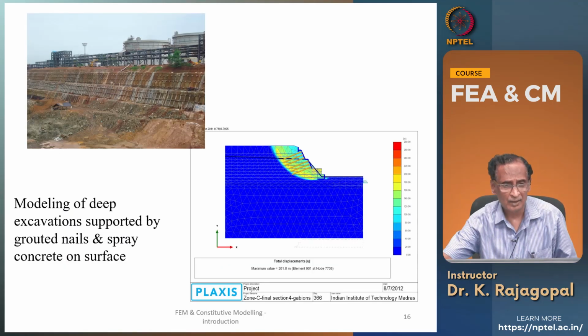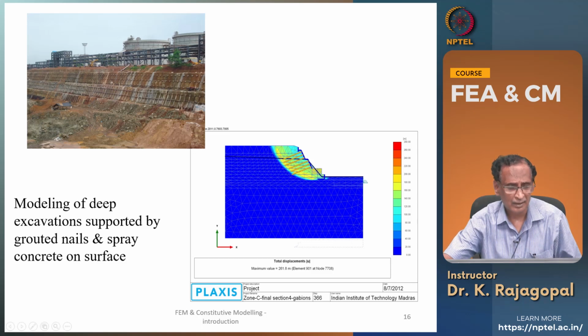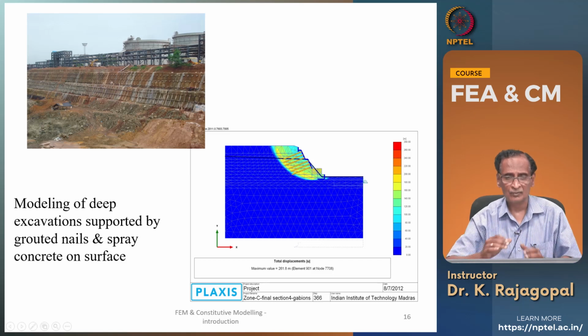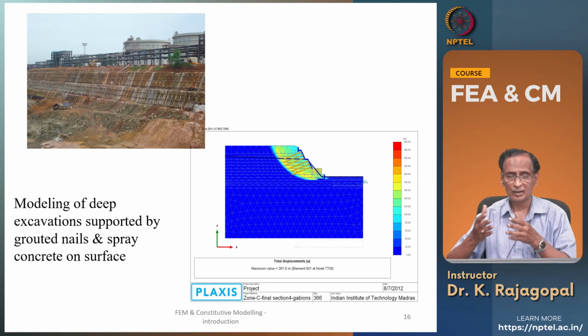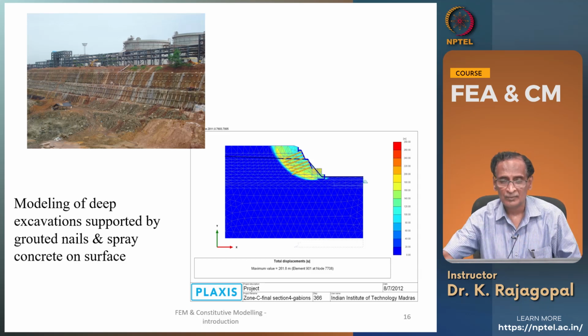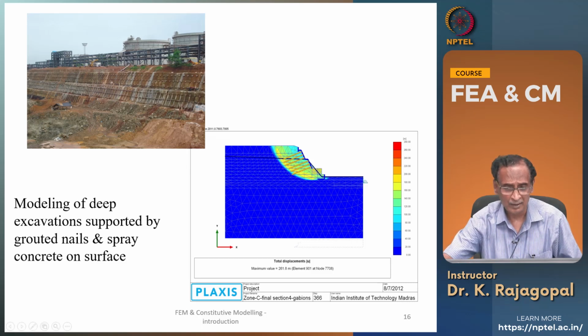Or we may have some other excavation like this. Here is another, a sloped excavation, and the slope itself is stabilized by grouted nails and spray concrete. Then what should be the length of these nails to achieve a required factor of safety, or what is the effect of any rains, all these things we should be able to take care of by finite element analysis.